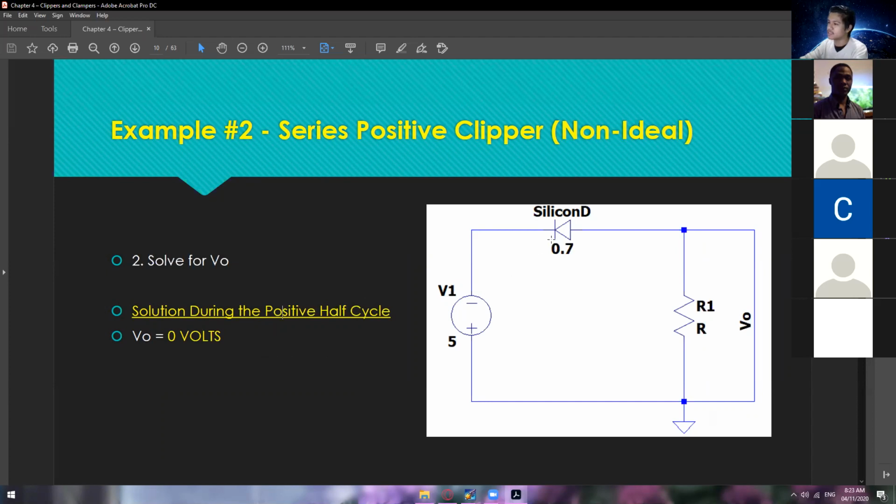Correction. This one should be the other way around, because we are still in the positive half cycle.